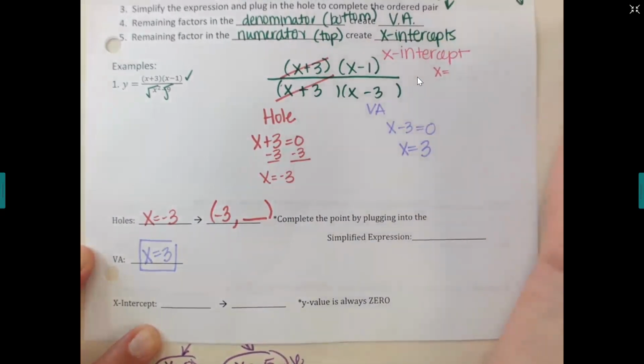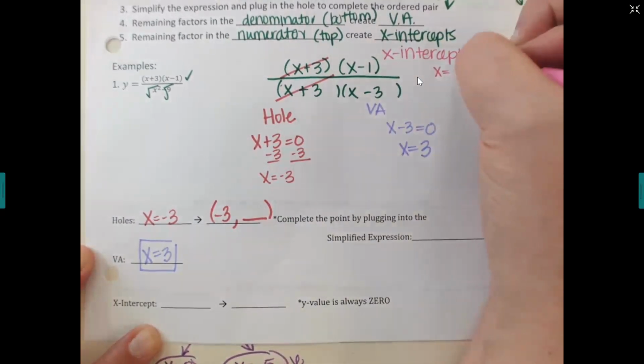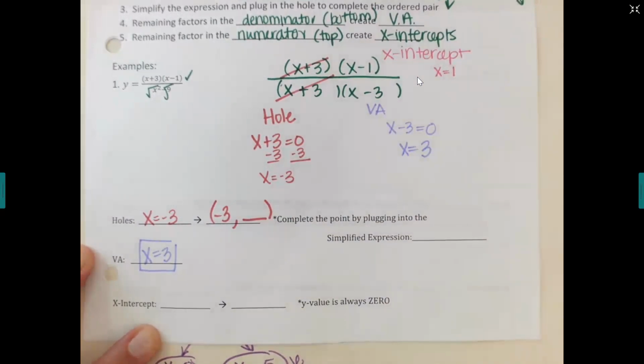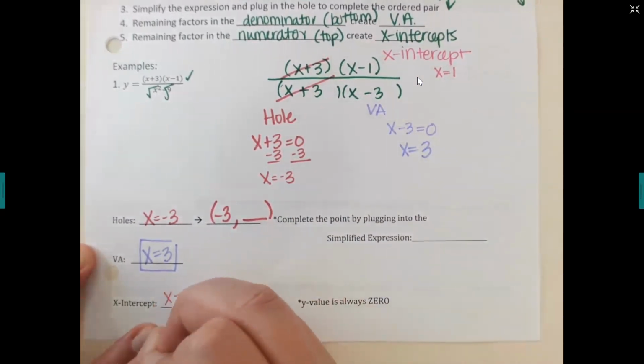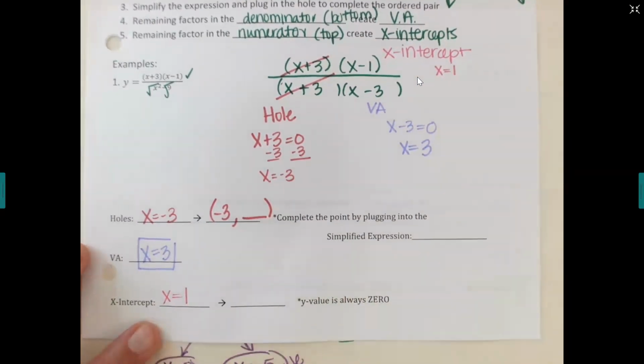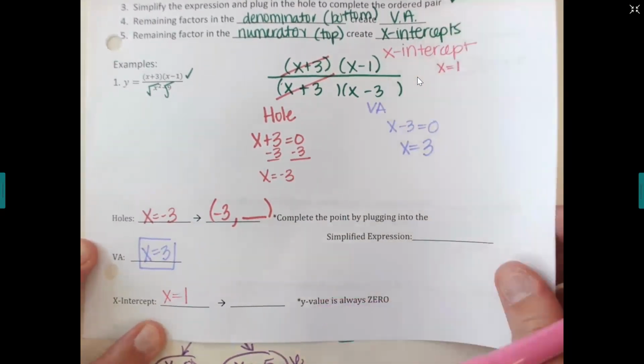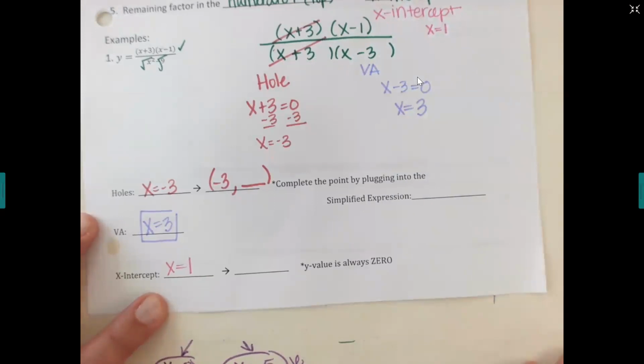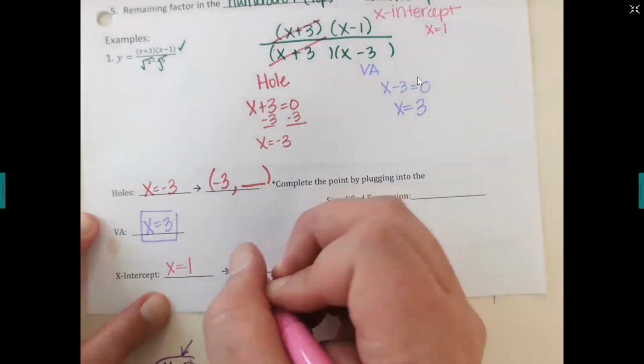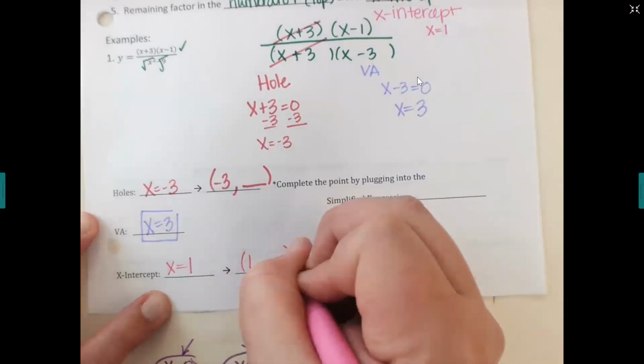If it's an x minus 1, what would it be? Positive 1. Very good. So then I'm going to come down here into the x-intercept blank. I'm going to put x equals +1. Okay, however, for your practice, if you're asked to find an x-intercept, they're going to want it as an ordered pair. So I'm going to put 1, comma, something.